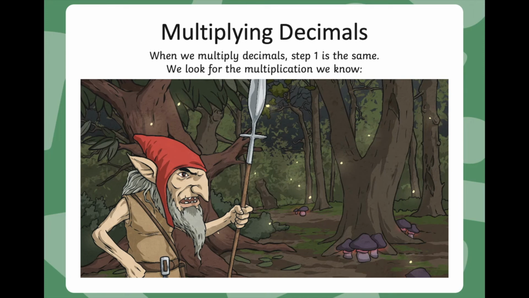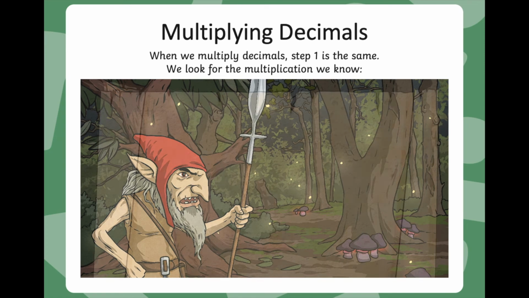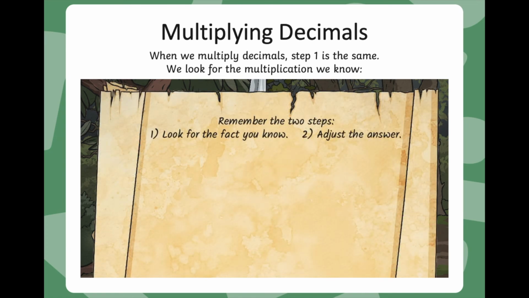Multiplying decimals. When we multiply by decimals, step 1 is the same. We look for the multiplication we know. So remember the 2 steps. Step 1, look for the fact you know. Step 2, adjust the answer. So looking at 0.6 times 7, well, we know that 6 times 7 is 42.